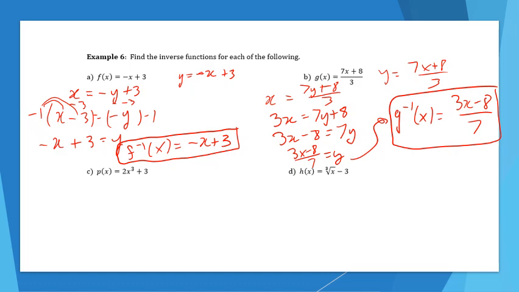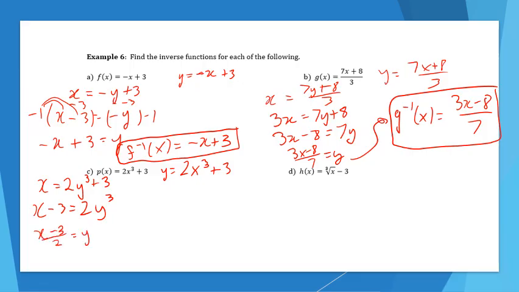For part C here, we'll replace p of x with y to start with. And then swap it out. So x equals 2y cubed plus 3. And then solve for y. So I'm going to subtract 3 from both sides. Divide both sides by 2. And now I'm going to take the cube root of both sides to get the cube root.